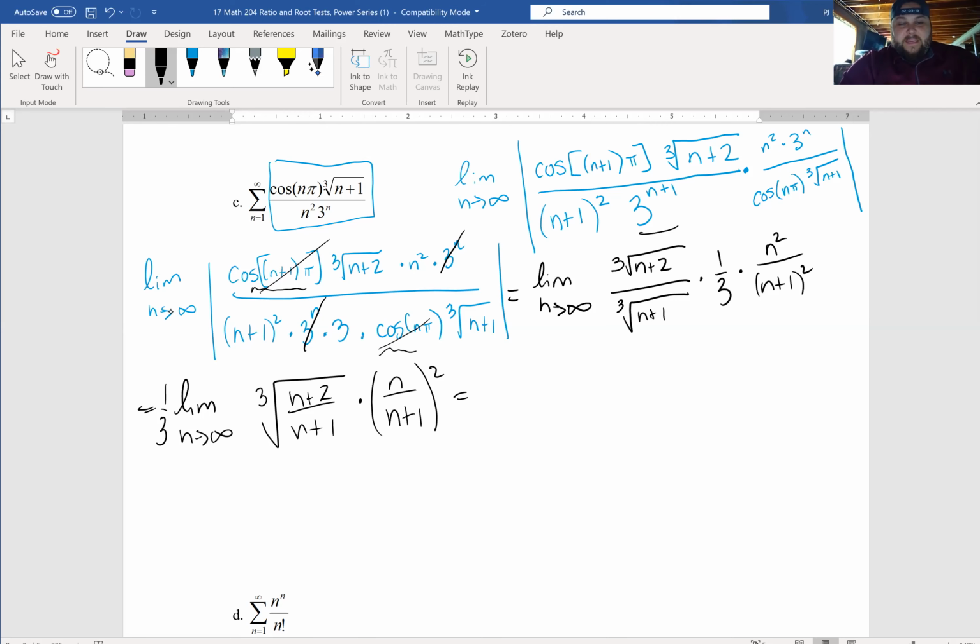In each one of these, I'm going to divide everything by n, right? The highest power of n in the denominator is n to the first. So I'm going to divide every single term by n.